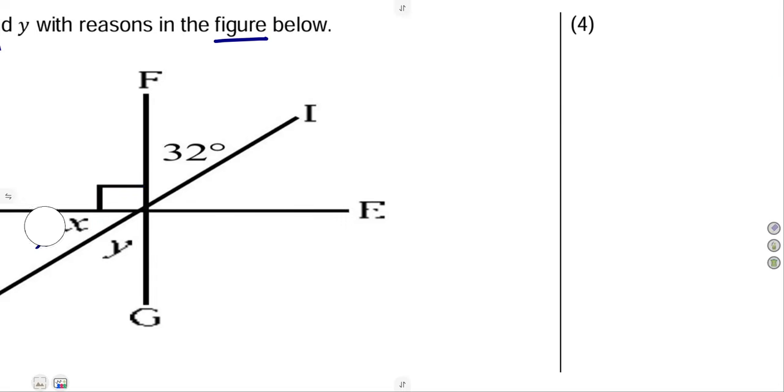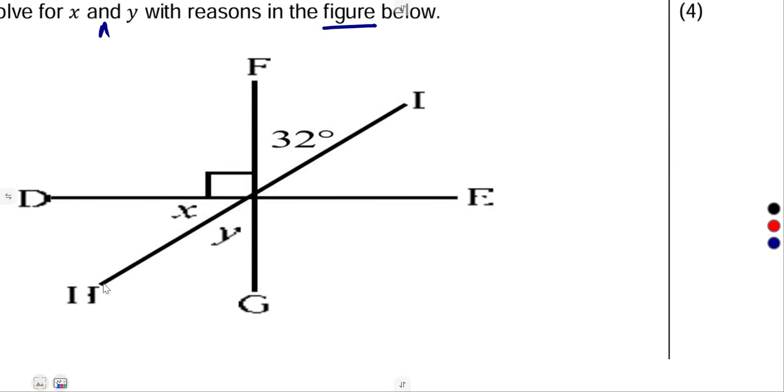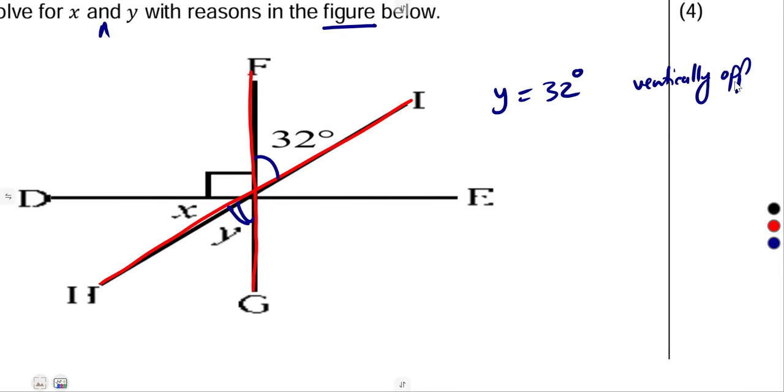Or you could have started by finding y there. As you can see, this one is a straight line from H to I like this. This one is also a straight line, vertically opposite angles. You find y first. y is equal to 32 degrees. You're talking about what? Vertically opposite angles.